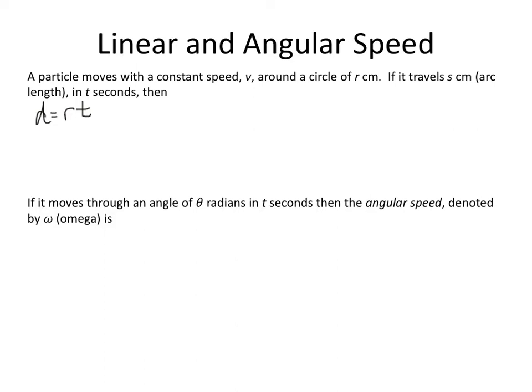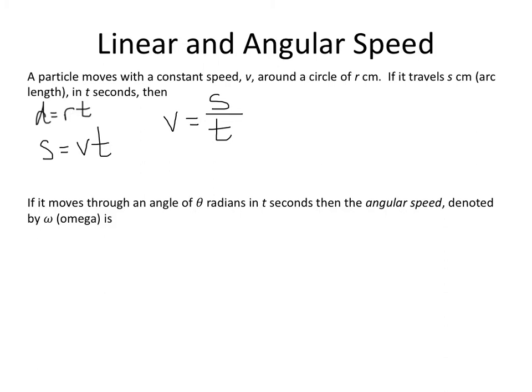Well, I can replace a few things in this equation and say that s is my distance, v is my rate, t is my time. We can rearrange this so that it is solved for v, our constant speed, in terms of the other variables, and we would get v is equal to s over t.